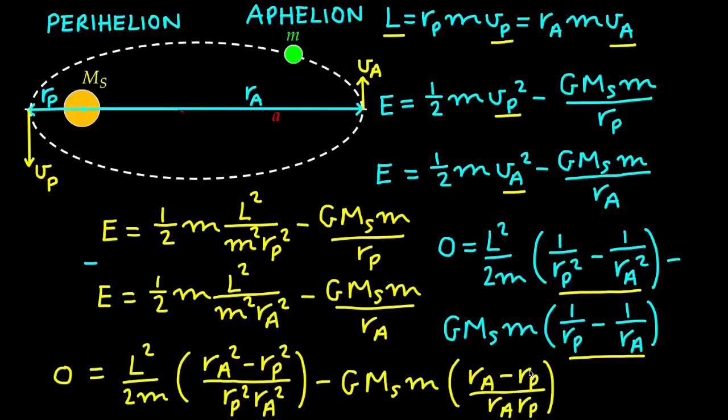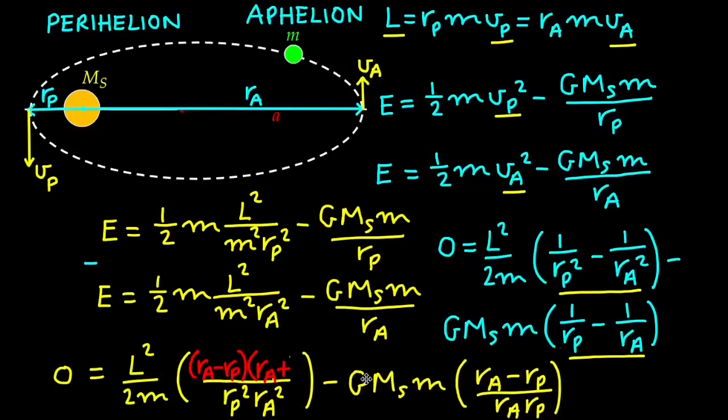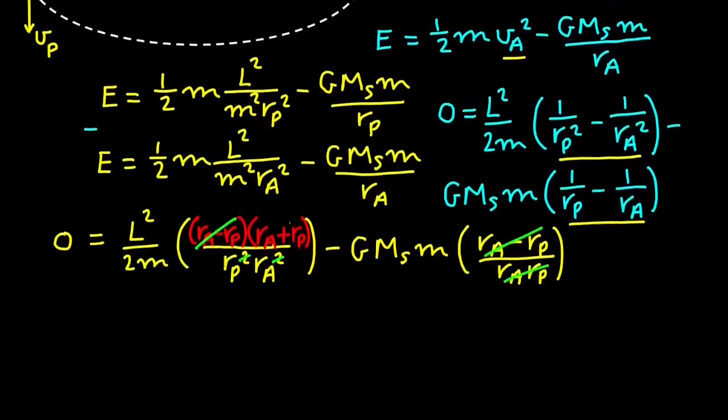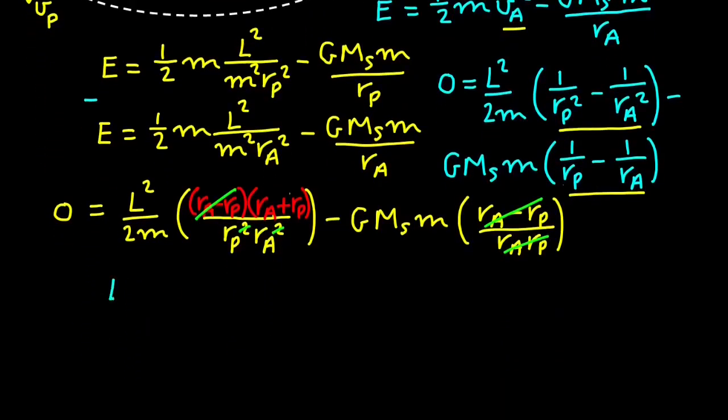And now we can factorize this difference of squares. Then we can do some cancellations. And therefore L squared on 2m can be written as follows.